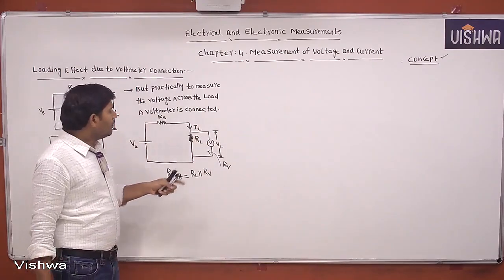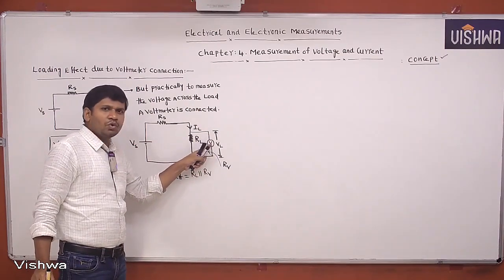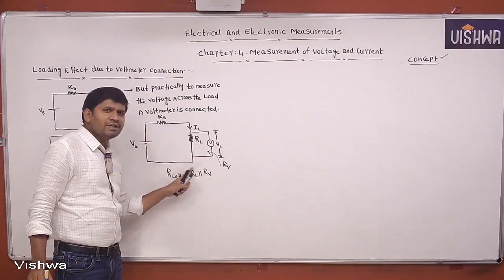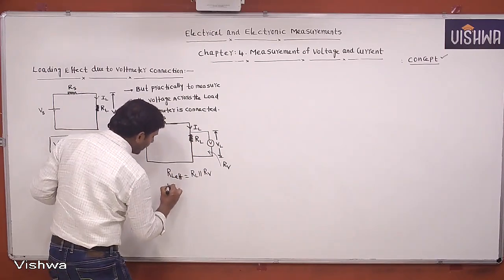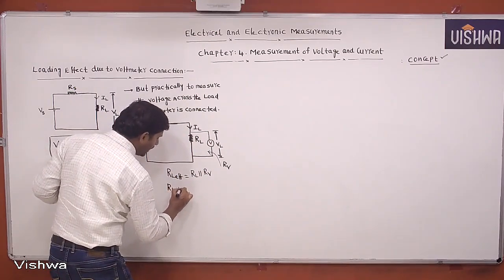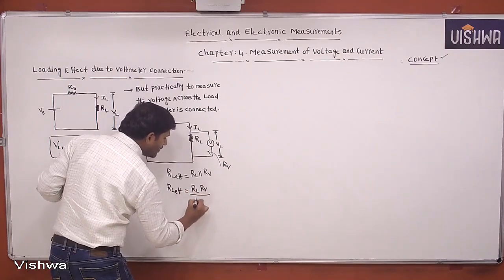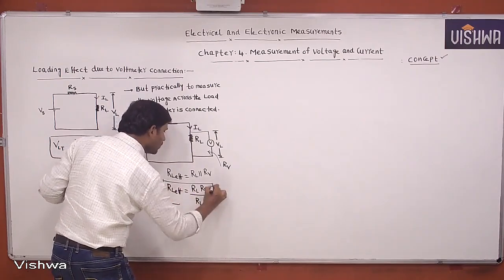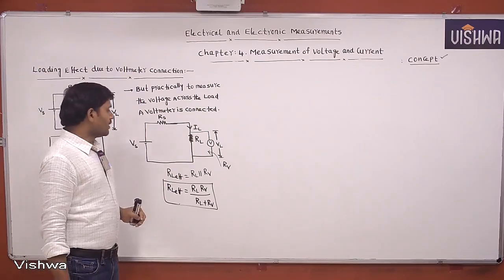Understand? Whenever voltmeter is connected, because of input resistance of voltmeter, now the resistance in this circuit changes to RL effective. That RL effective is RL in parallel with RV. Therefore, RL effective equals RL into RV by RL plus RV. This is the effective value of load resistance. Now listen please.